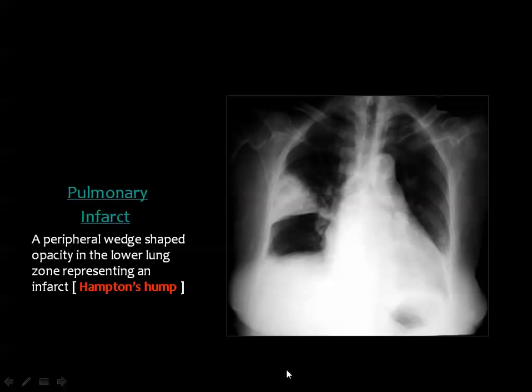But if you see a lesion which is wedge-shaped and pleural based in the right lung base and is associated with ipsilateral pleural effusion, don't diagnose this as an infarction unless you have the clinical history of an infarction, because most of these lesions will be due to pneumonic consolidation.